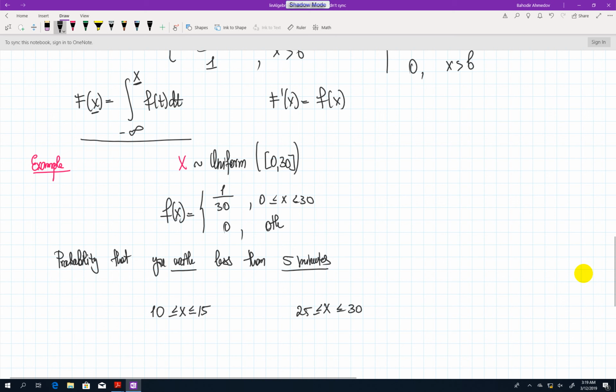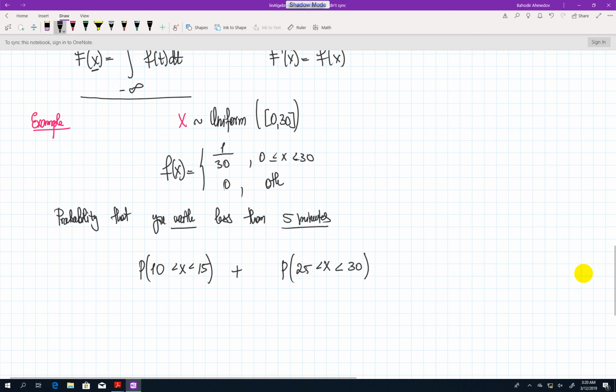Okay, so we need to find the probability. In a continuous case, it doesn't matter whether you include the endpoints, because the probability of the random variable taking a specific point is equal to 0.